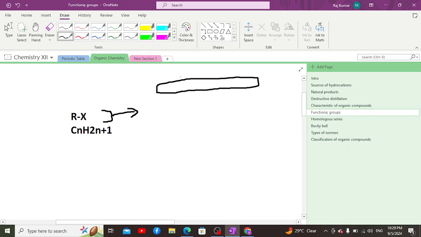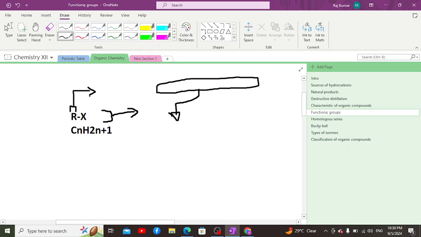On the basis of the functional group which they possess, we can easily understand the characteristics of that organic compound. If we identify the functional group, we can easily identify the chemical properties, such that the same functional group means the same chemical properties. And what does the R radical represent?